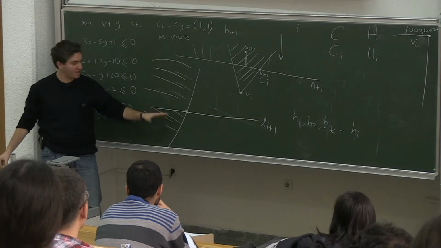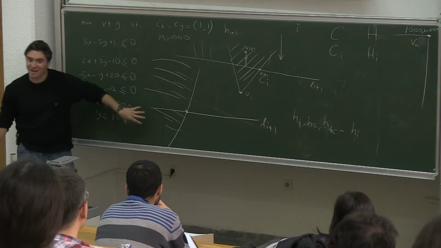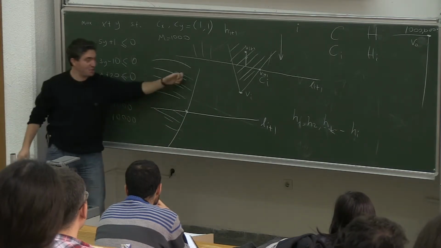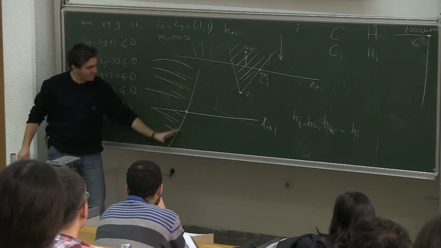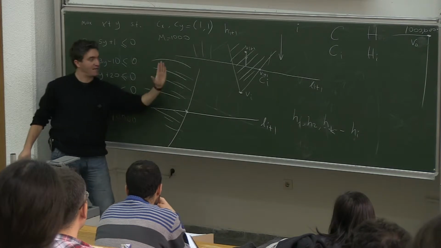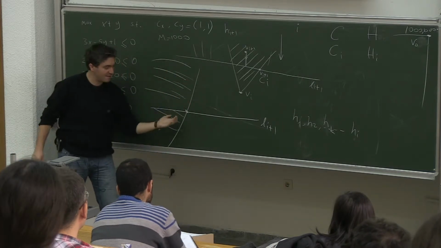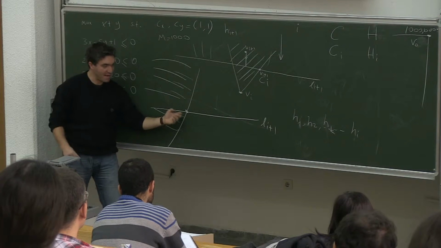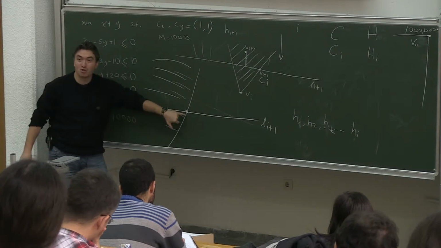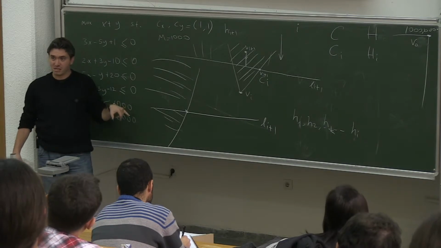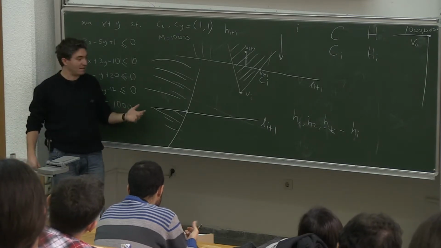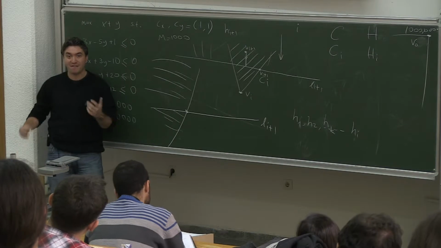If these two lines intersect, and this line was bounding this half plane on the right, then my v_{i+1} has to be to the left of this intersection point. Is this clear?